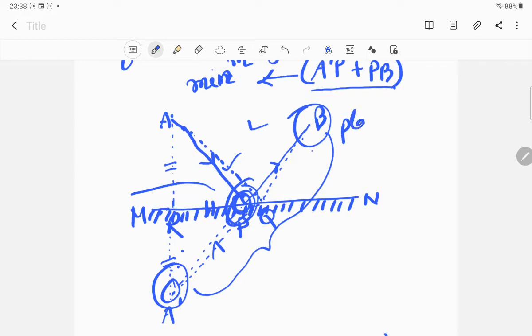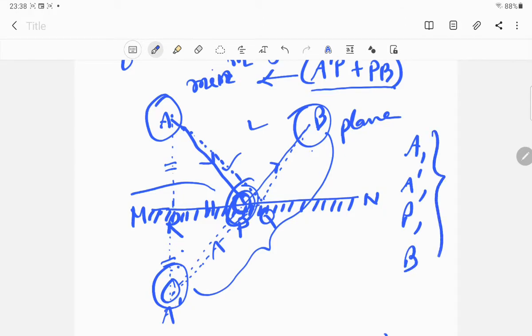Since A and A dash are part of the same perpendicular, all these four points A, A dash, P and B are lying in the same plane. So that is the concept.